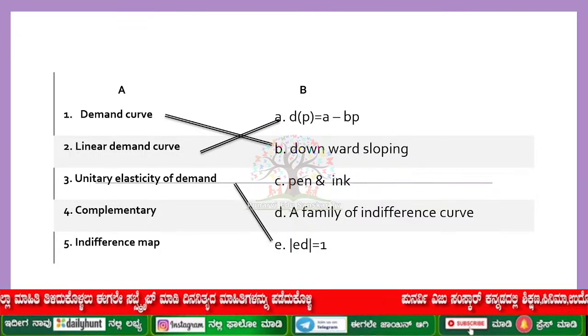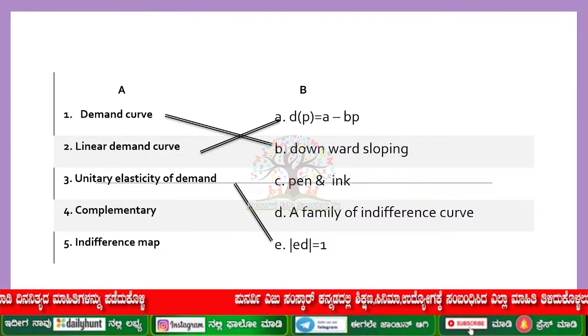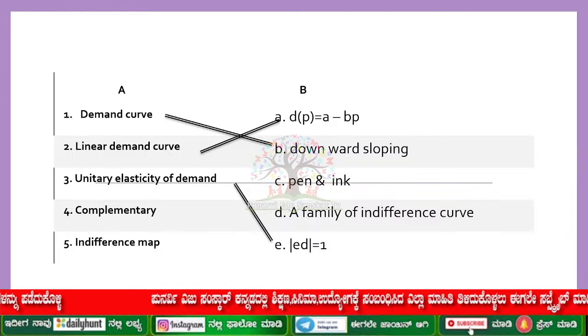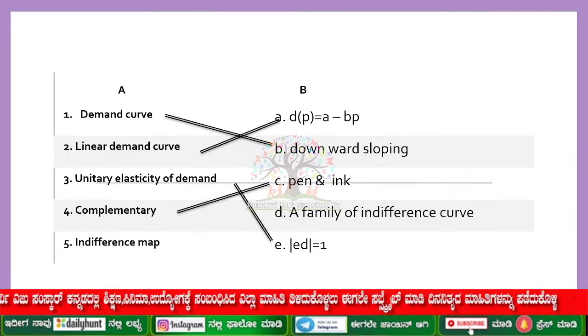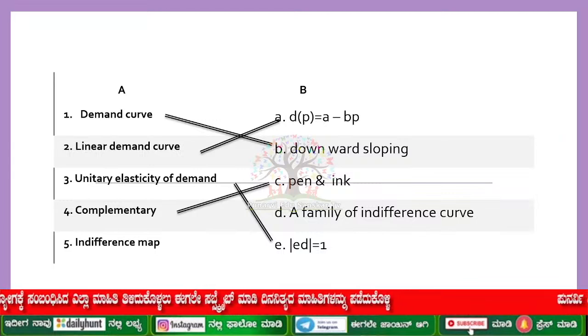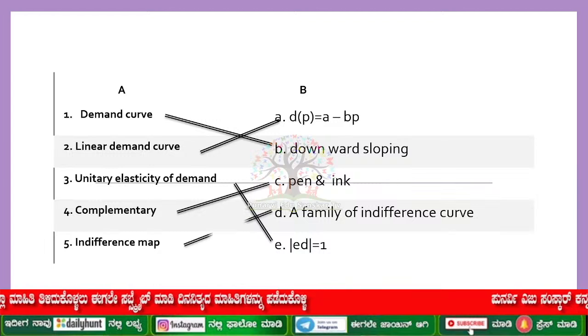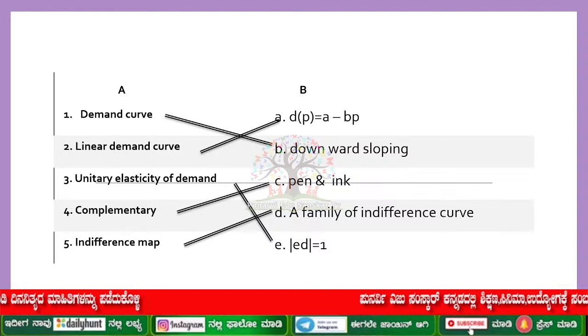Complementary goods, where we use both together to satisfy a particular want. Pen and ink, we call it an example of complementary goods. And we know an indifference map is a family of indifference curves, where you can see a set of indifference curves.